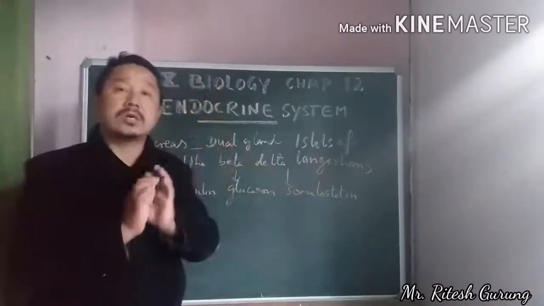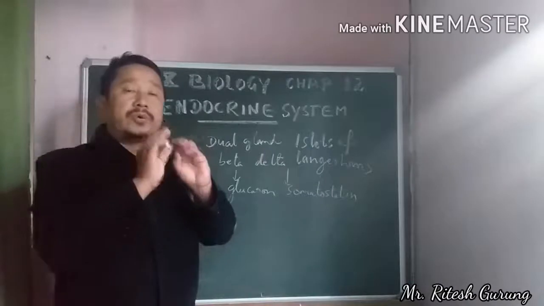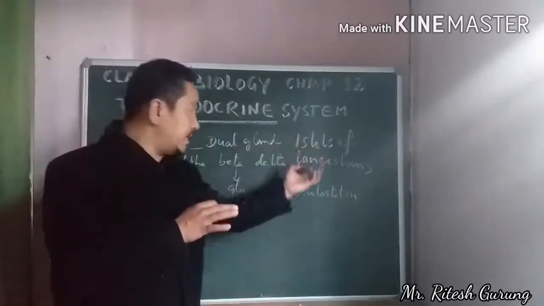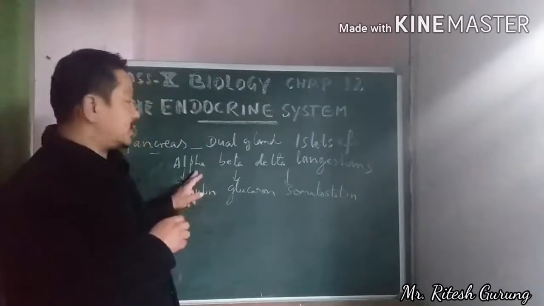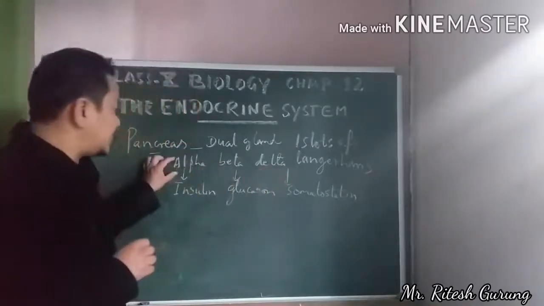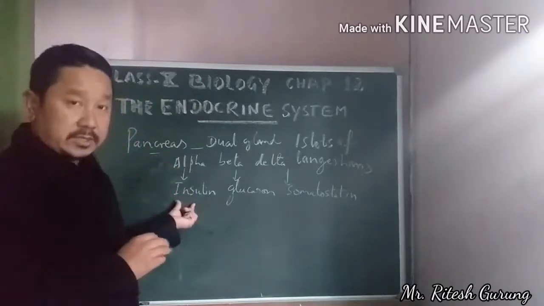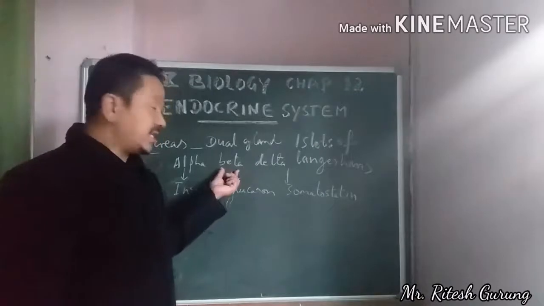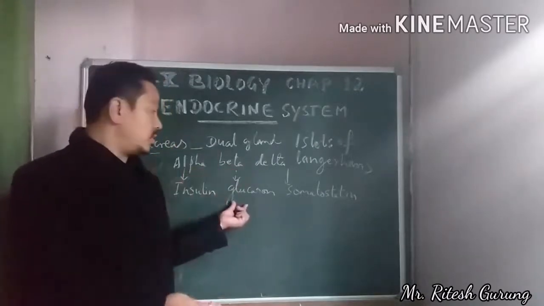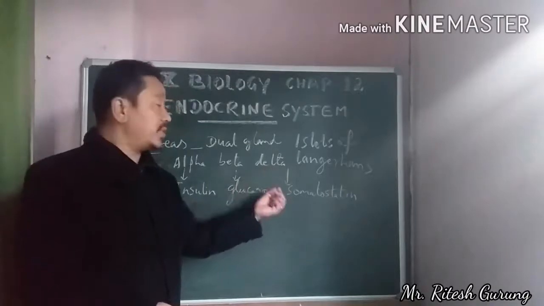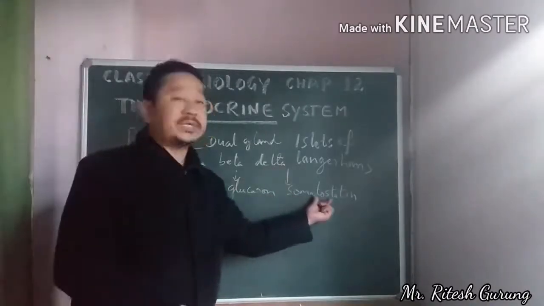That is a cluster of cells which contains three different kinds of cells in it, called alpha cells, beta cells and delta cells. So these alpha cells produce insulin, a kind of hormone. Beta cells secrete the other kind of hormone called glucagon, and delta cells produce somatostatin.